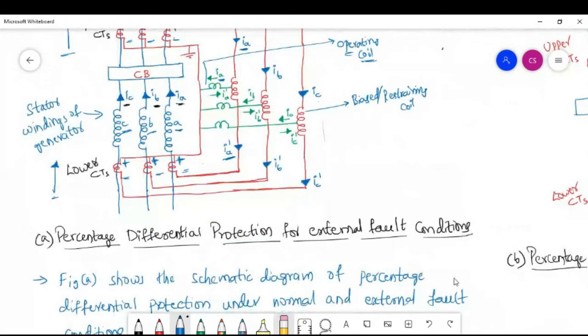So it is named differential protection, as we already know that if there is any difference in the amount of current flowing in the operating coil, then the relay is going to operate.